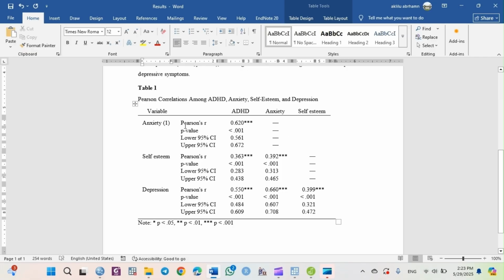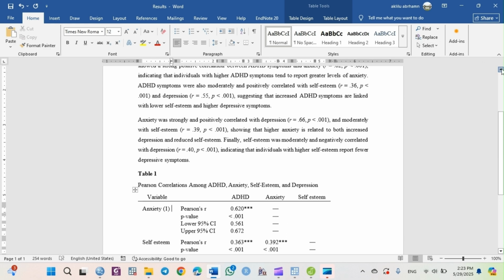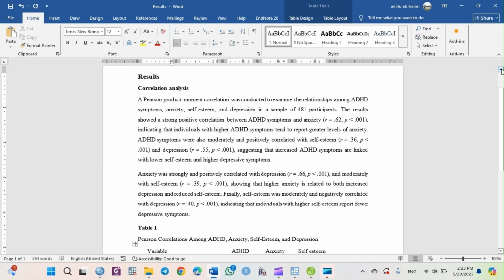The other thing is how to narrate. Here I wrote a sample. So, reporting tips. You have to always report the sample size used in the correlations. It's important because, as you saw last time, if the sample size is larger, smaller correlation coefficients will also be significant.